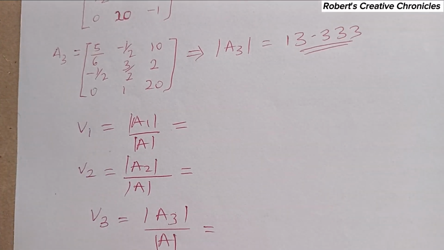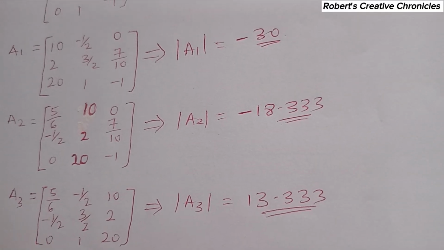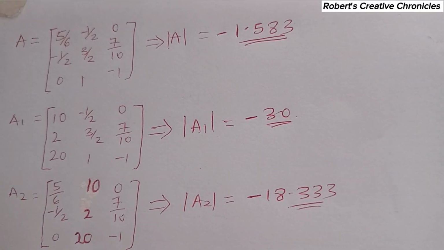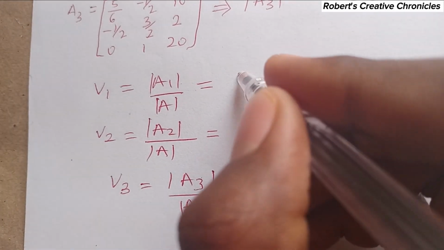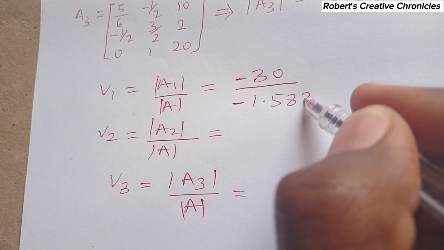So what is the determinant of A? That's negative 30 over negative 1.583.